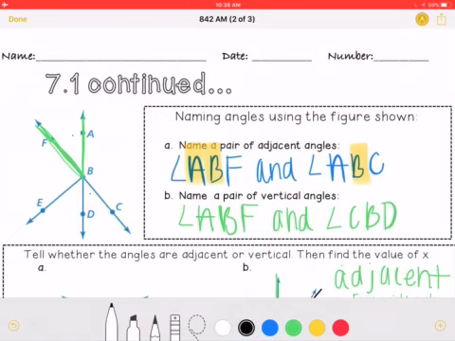They're next to one another. They're sharing the side AB, and then they're sharing that vertex B. If you notice, in yellow, I highlighted over here when I wrote those, they're sharing that middle point B because that's their vertex, okay? Now, they're also sharing a side, and that side is AB.